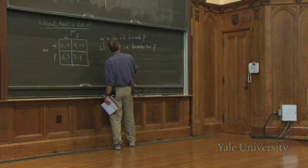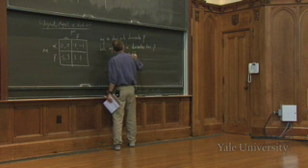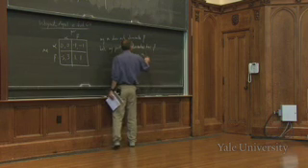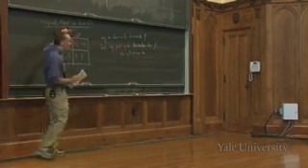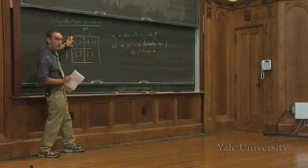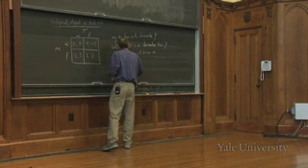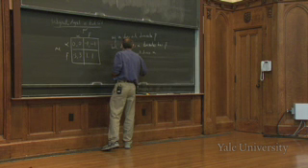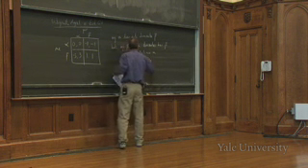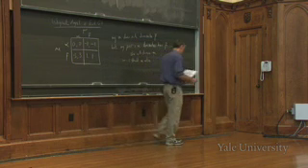So she will choose alpha, and once I know that she's going to choose alpha, it's clear that I should choose alpha and get 0 rather than beta and get minus 3. So I should choose alpha also. All right.